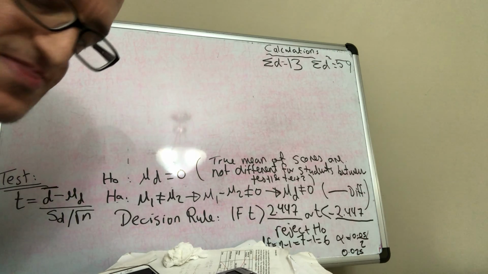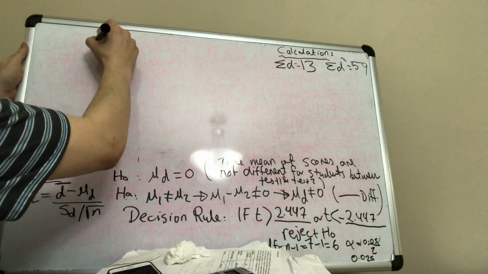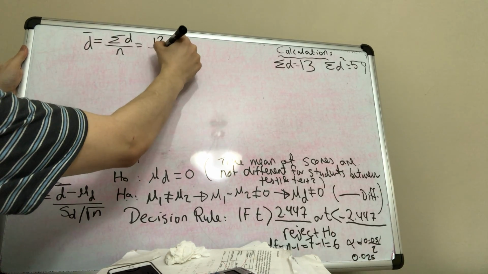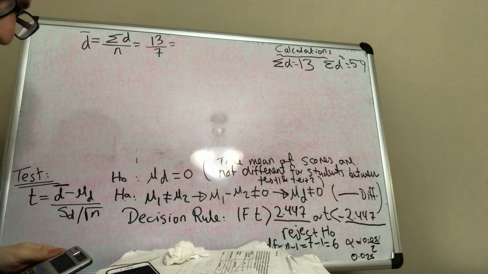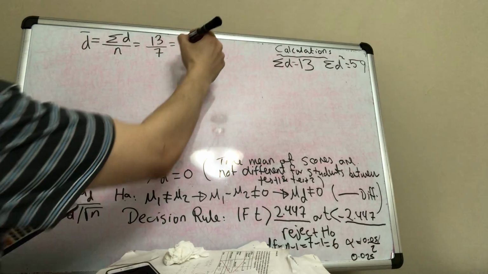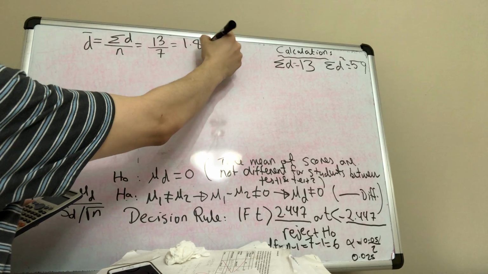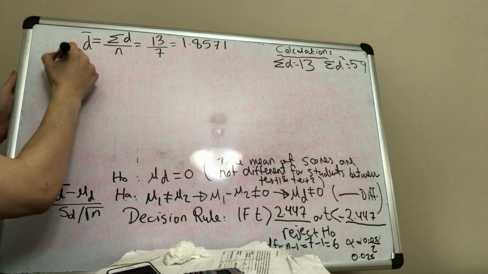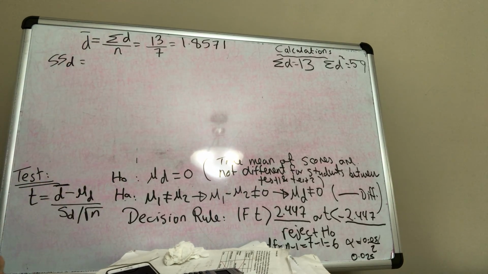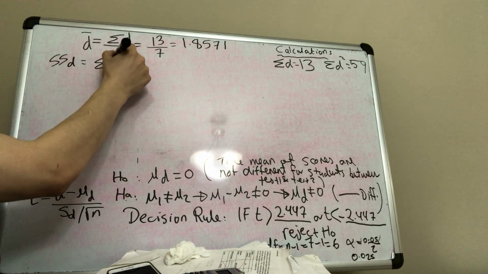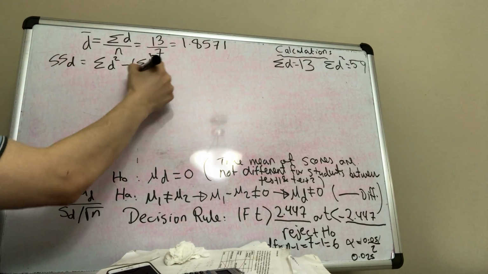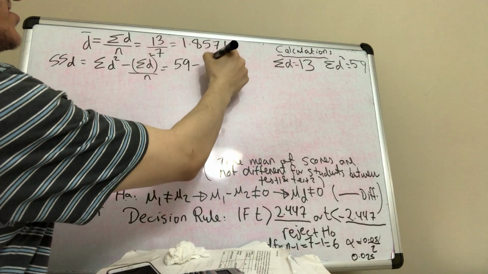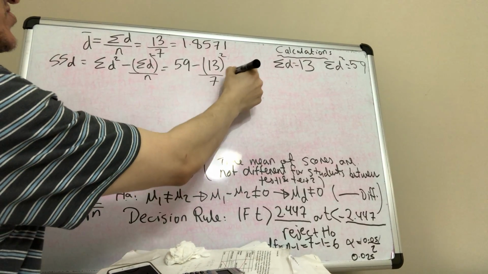So this is the formula now. To find D bar, you take the sum of D, you divide by n. So you take the 13 and you divide it by the sample, and the sample in this case is 7. 13 over 7, your D bar is 1.8571. To do SD, you need to do the SSD, which is total variations, but for the difference. Sum of D squared minus the sum of D squared over n. Sum of D squared is 59. Sum of D is 13, and there are 7 students.